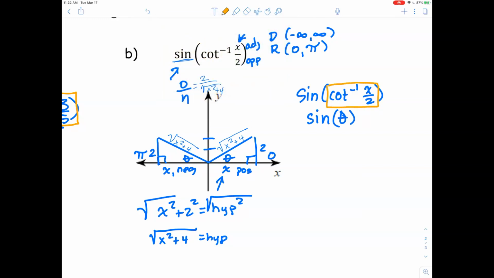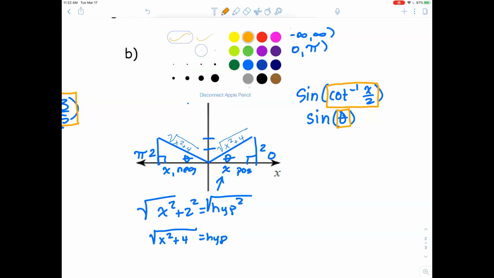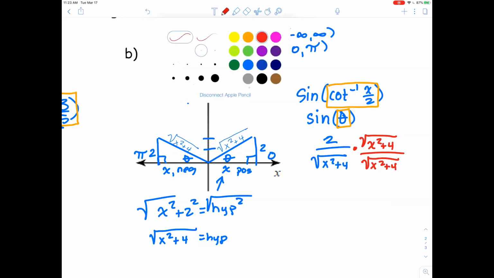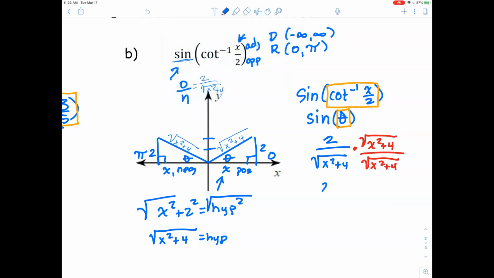All I did was replace the cotangent inverse with the name of its angle. And then I found the sine of that angle, which was 2 over the square root of x squared plus 4. However, just note that that has a radical in the denominator, and I'm not really into that. And so let's rationalize the denominator so that we get the radical out of the denominator. And we'll get our final answer here: 2 times the square root of x squared plus 4, over x squared plus 4.